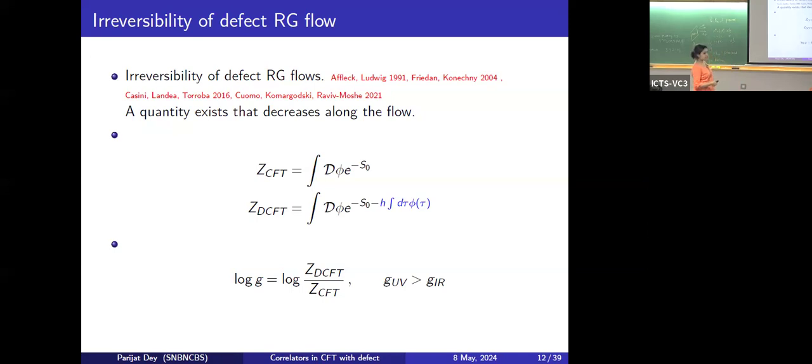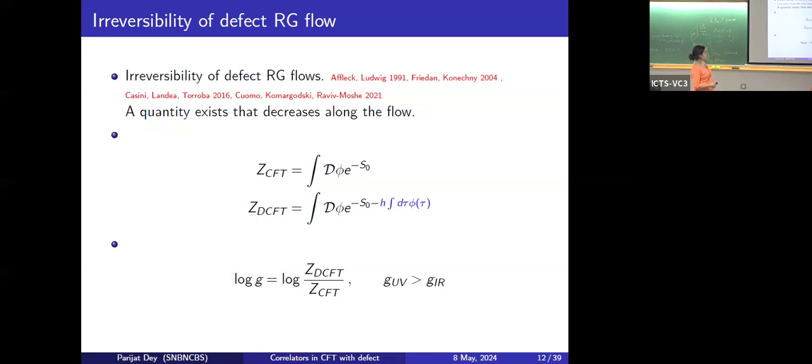So here is the partition function of a CFT without any defect, and here we have the partition function with this line defect. So we have the relevant deformation along the line. Here phi is a relevant operator and h is the defect coupling. This is how we perturb the CFT and end up getting a defect CFT partition function.